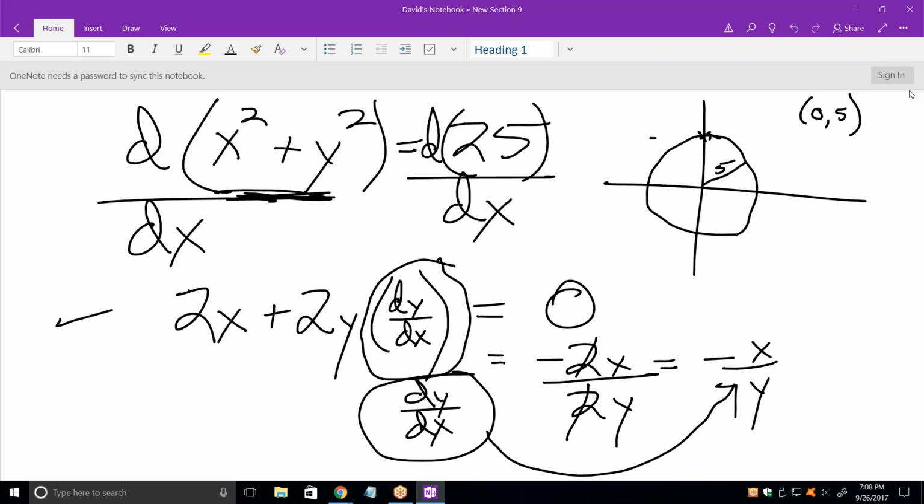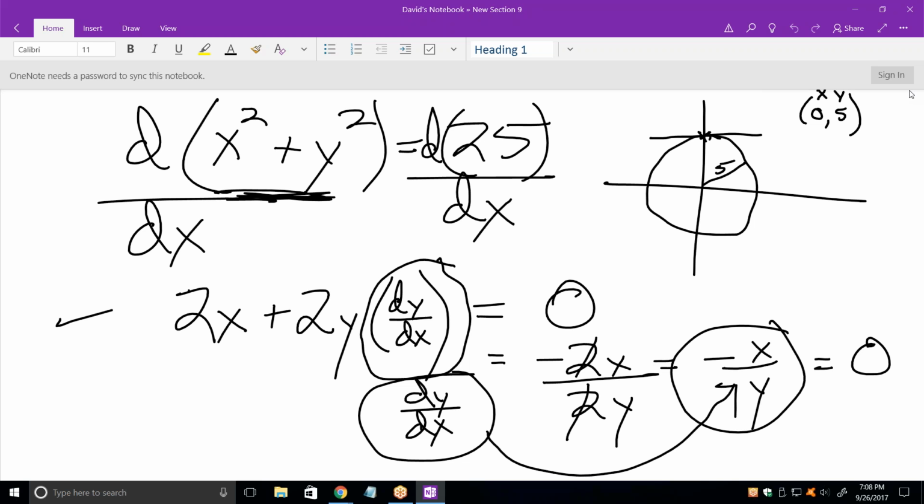In other words, I can see the slope of the tangent line would be that, but let's use this equation. Plug in the point. That's the x-coordinate, that's the y-coordinate. And our derivative is a function of both x and y. So plug it in. What do you get? 0. That's the slope of that tangent line.